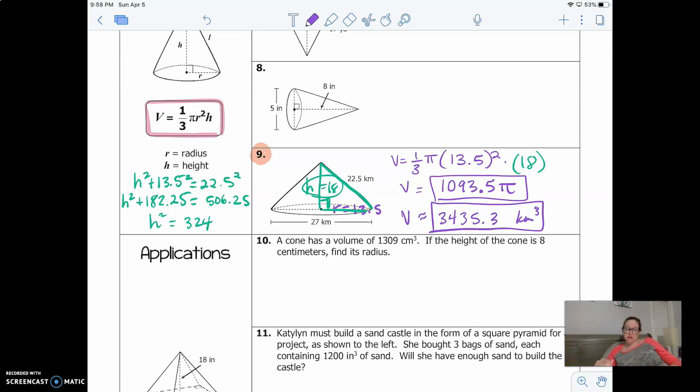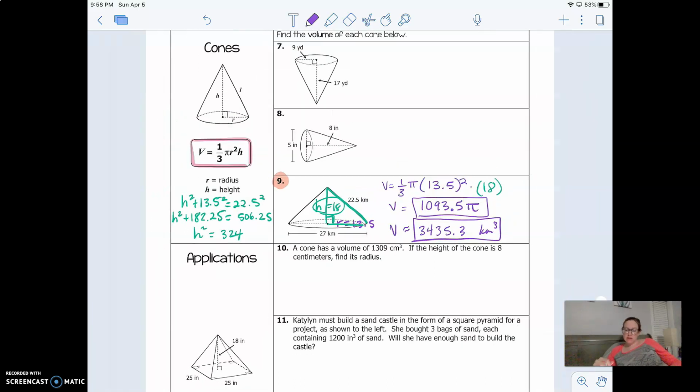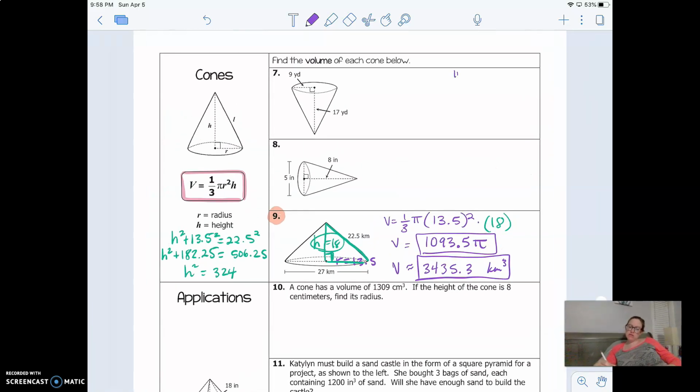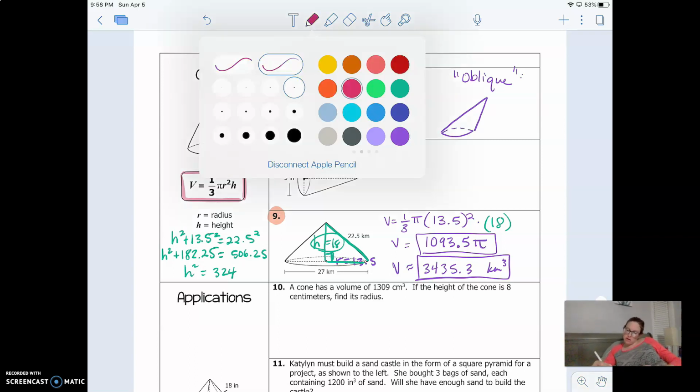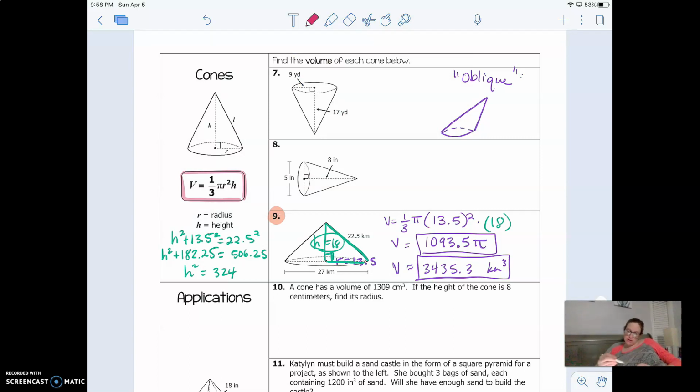Okay. Just like cylinders can be oblique, cones can also be oblique. So I'm just going to go back up here and show you, right? That would be a leaning cone of Pisa. So it would look something weird like this. Well, there's a couple different ways, but let me exaggerate this a little more actually.